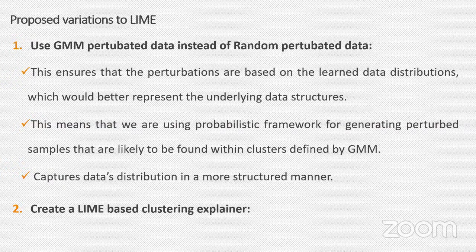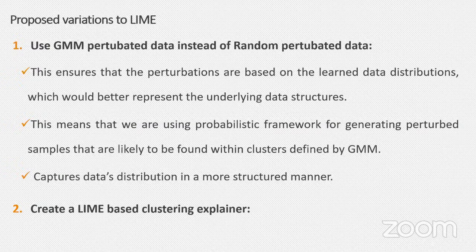Through that structure, we can now generate data which is closer to the existing structures. So that is what we're trying to do so that we can reduce this randomness during the creation of random data, because the random data is important since we want to see how the model will behave within a local place that is closer to the instance we are trying to predict.